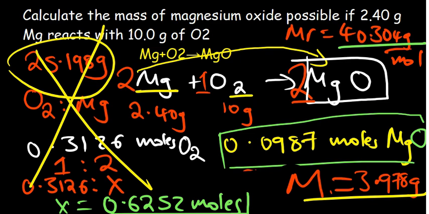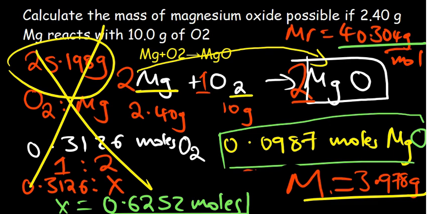So whenever we want to determine the amount of a product that was produced, we get to use the limiting reagent. The limiting reagent concept is very necessary and very important in the study of stoichiometry and chemistry in general.